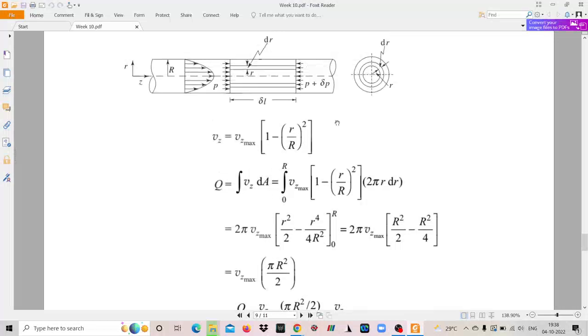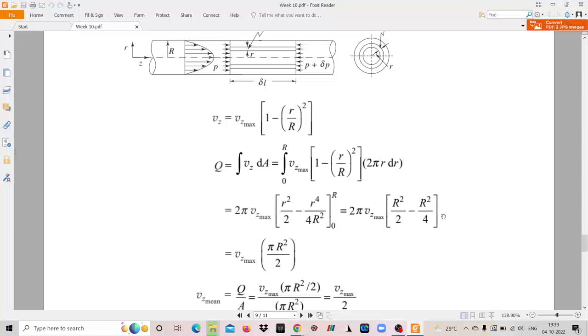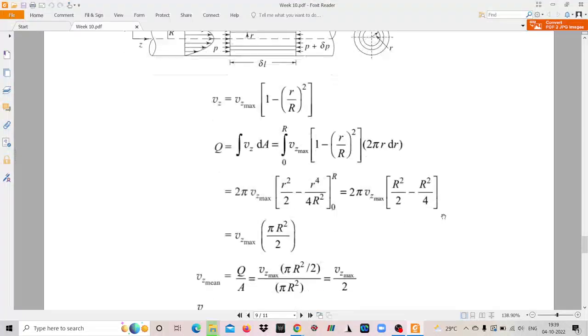If you consider a thin ring of thickness dr through which the fluid comes out, then with circumference 2 pi r, the area is 2 pi r dr. Vz is Vz max times 1 minus r by R whole square, and the integration is from 0 to R. This is a very simple integration; if you integrate this, you get Q equal to Vz max pi R square by 2. Now, what is the mean velocity?